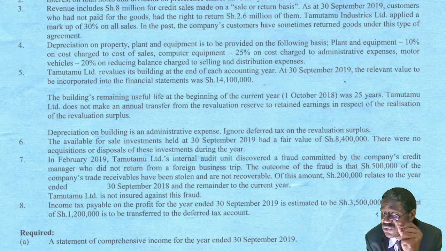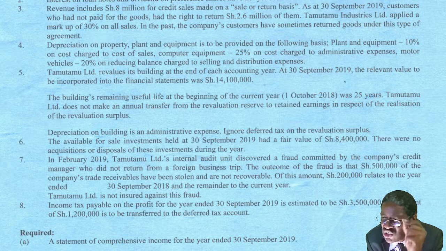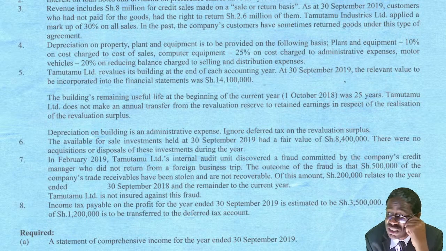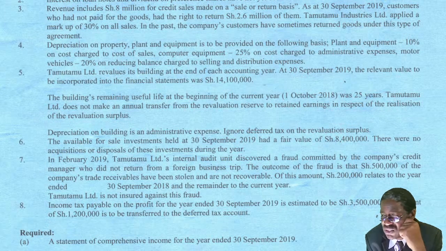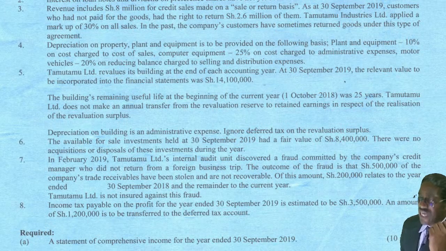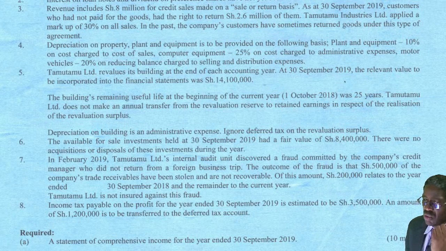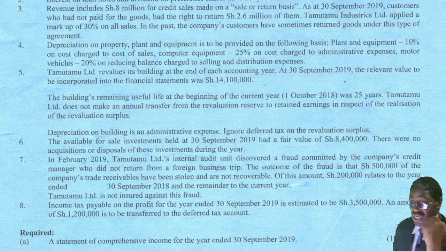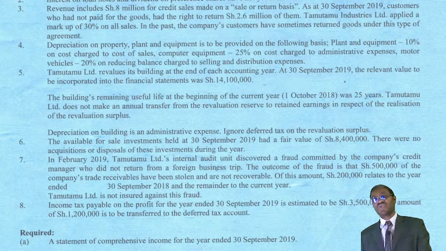Shillings 500,000 of the company's trade receivables, that means the debtors, has been stolen. Listen, customers have paid, but their money has been stolen. Of this amount, 200,000 relate to last year, and the remainder was for this year.